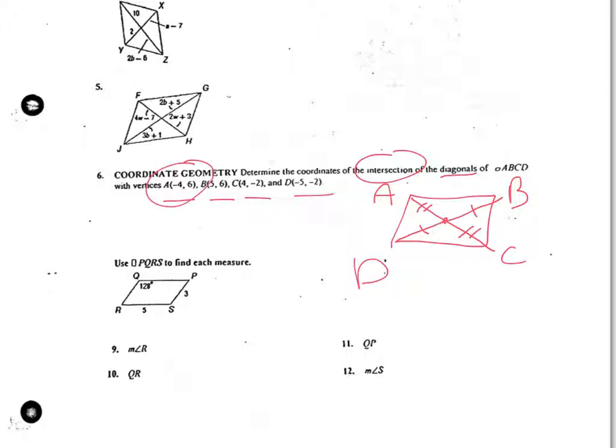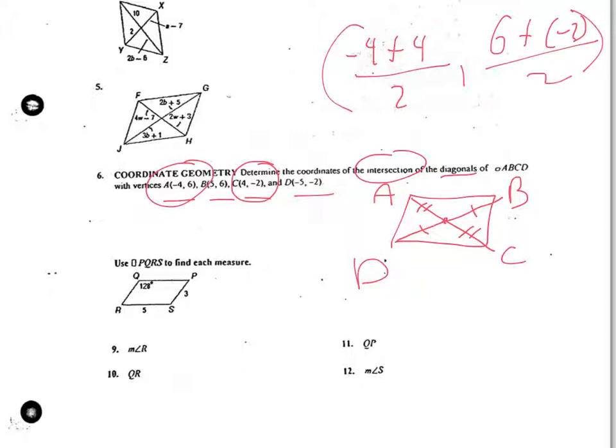We're going to take A, we're going to take C, and we're going to use the midpoint formula. Recall, we add the x's, negative 4 plus 4, and divide by 2. That's going to be my x-coordinate. Then we add the y's, 6 plus negative 2, divided by 2. We end up with 0 over 2, which is 0, and y is going to be 4 over 2, which is 2. I don't have to do DB because I know that it's a parallelogram, so the midpoint of DB is also going to be that.